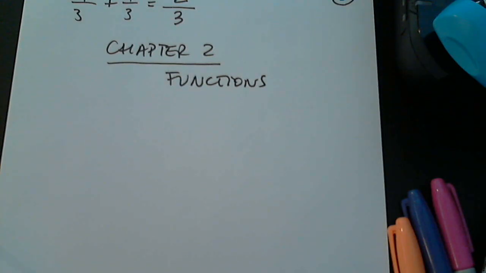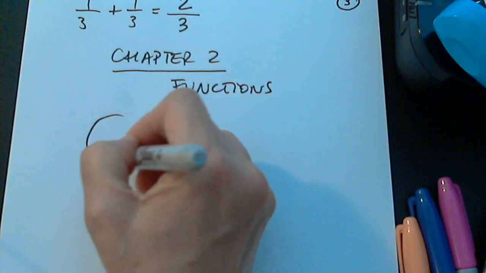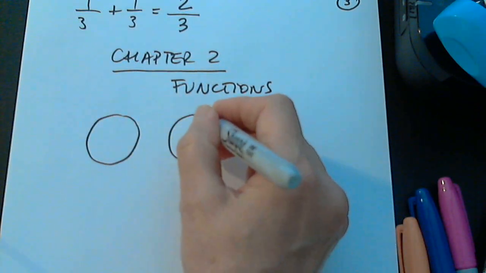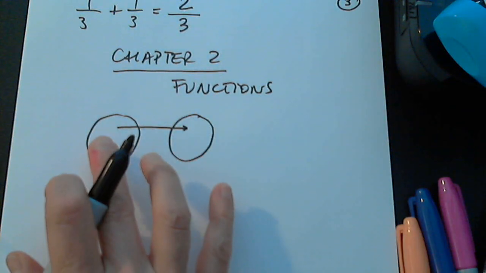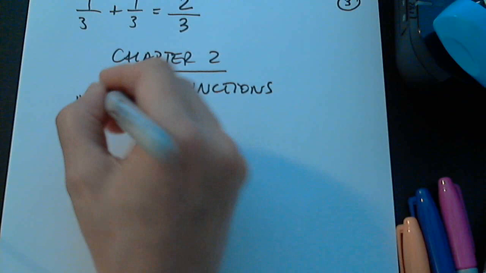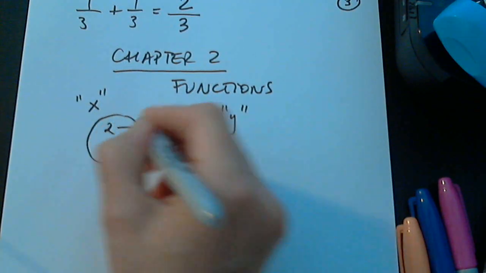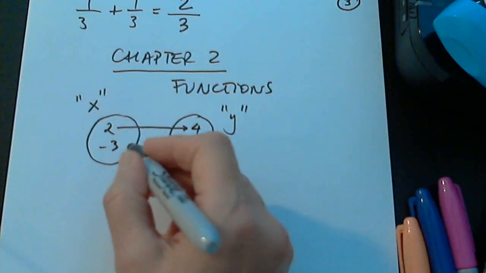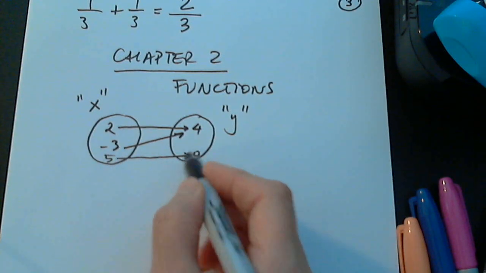What is a function? Well, a function is a relationship that connects different values, the so-called x values and so-called y values. So I'm just going to put some numbers in here: 2 goes to 4, negative 3 also goes to 4, and let's say 5 goes to 0.